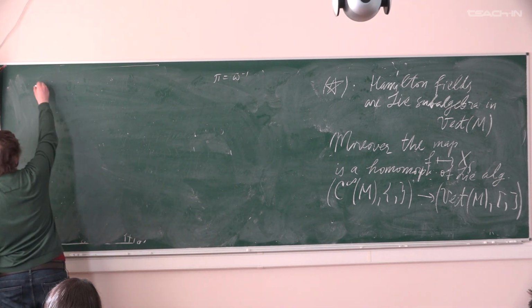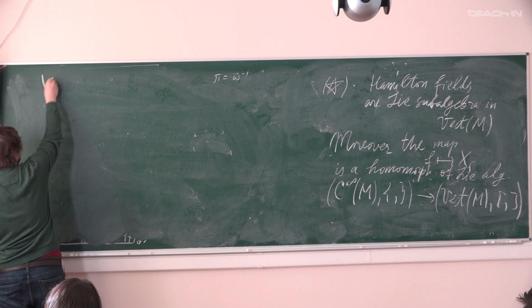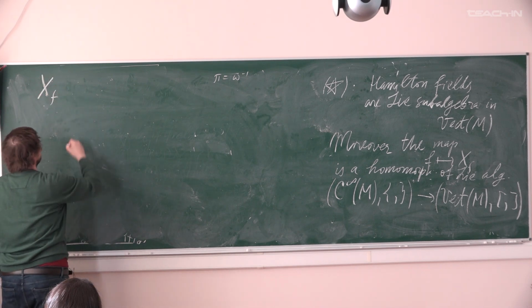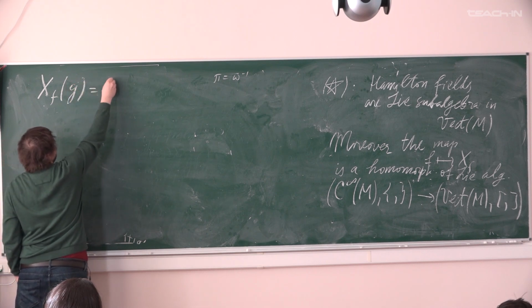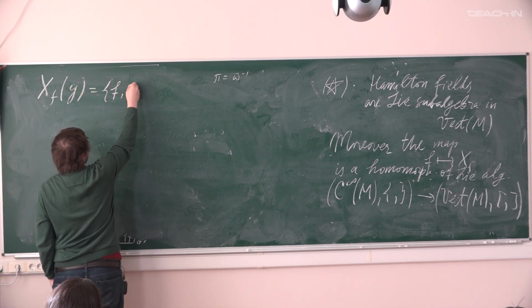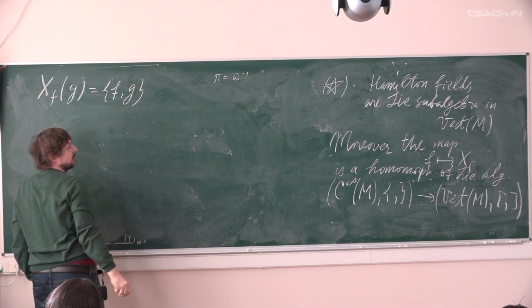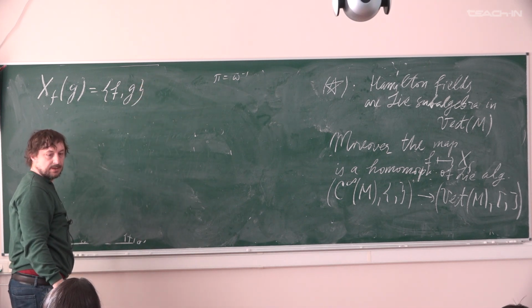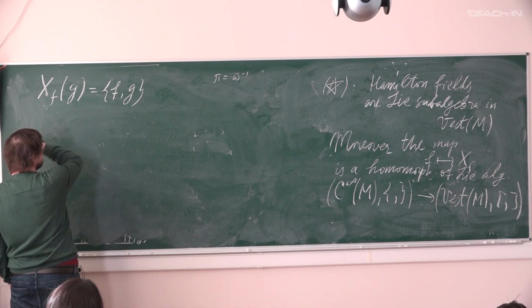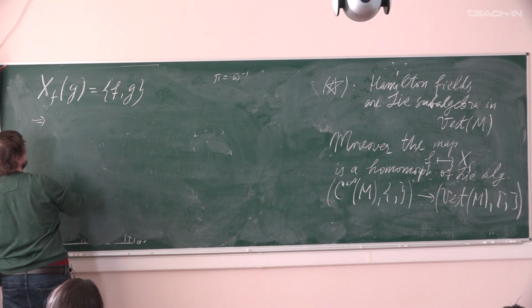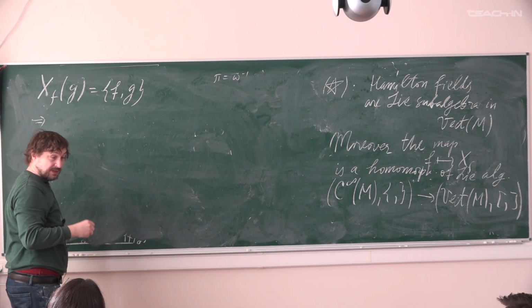I can actually, this formula, X_f applied to g, is nothing but the commutator of f and g, right? This Poisson bracket of f and g matches the theory with which I began.